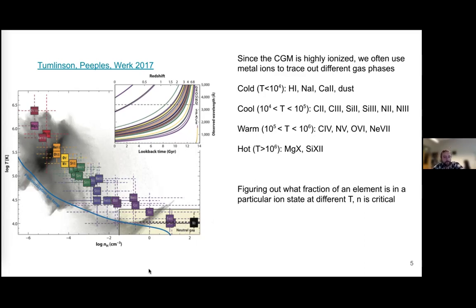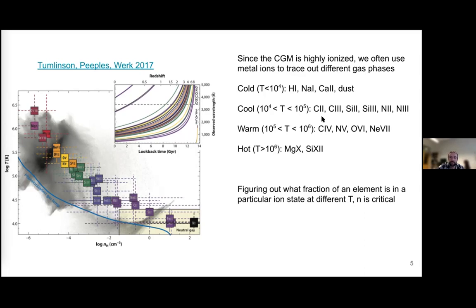This graph here shows how we trace out gas. This is density on the x-axis and temperature on the y-axis. Each of these ions is supposed to trace out gas at roughly that temperature and density, right? So we use cold ions, things that are not ionized, like H1 or sodium 1, to trace out cold gas.